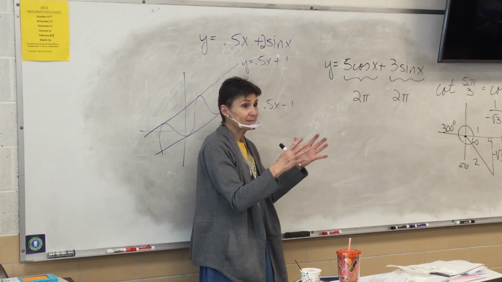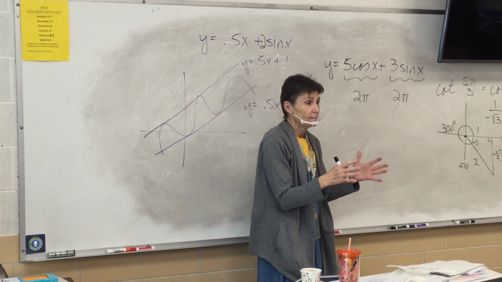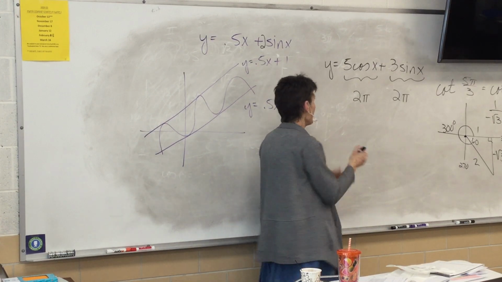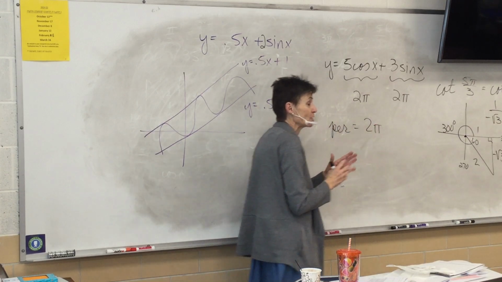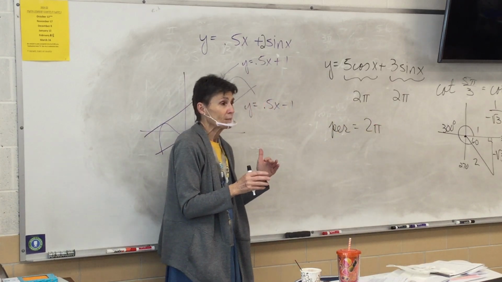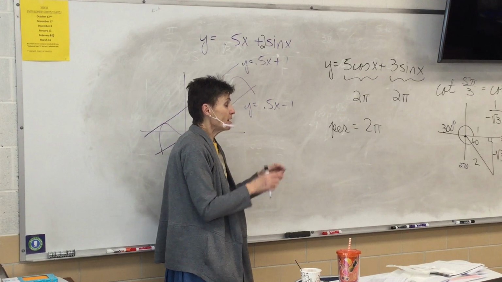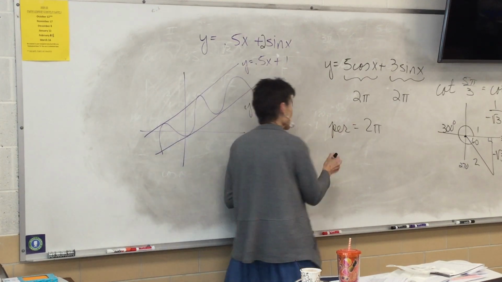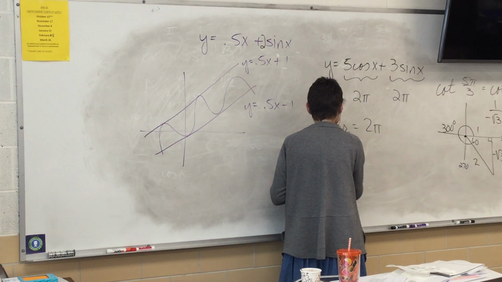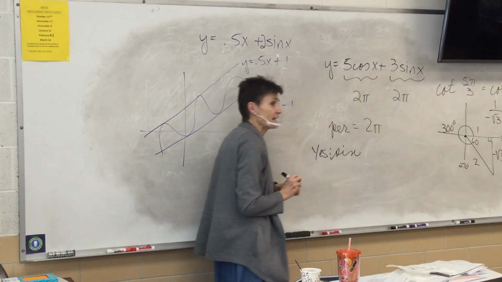Now, when the periods match, then obviously the period of the sum is also going to be 2 pi. And we're going to see what happens when they don't match. But if the periods are the same, then that period is the period of the sum, and this is indeed considered to be sinusoidal.